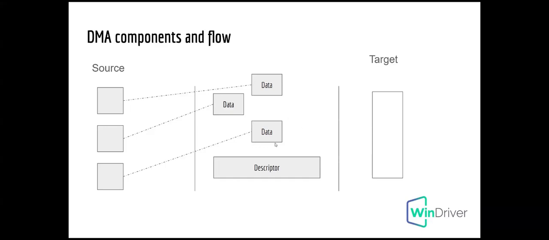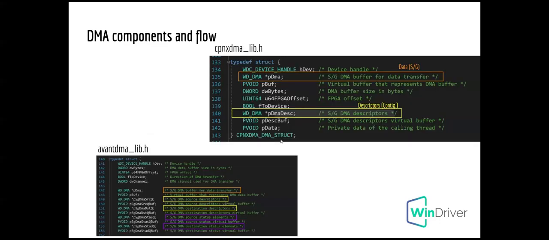And we have the data buffers that we want to eventually transfer to the target, which include only the transfer data. The information on the destination, the source and the length are contained in the descriptor. Again, descriptor buffer and data buffers, these are the two entities. When we're looking at the CP-NX DMA struct, we can see that we have the data transfer DMA buffers and the descriptors DMA buffer, which is contiguous.